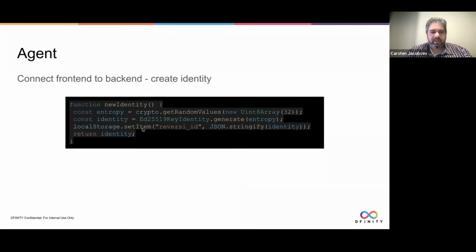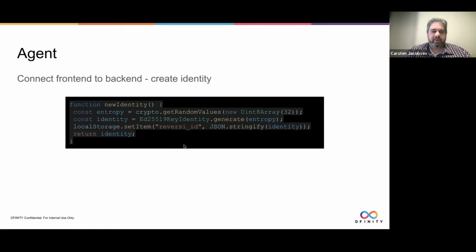Okay, so from the register function, we already specified that we wanted to have an identity provided when we make a call. So we use the key identity function from our agent to create this identity, and then we store it in local storage in the browser.